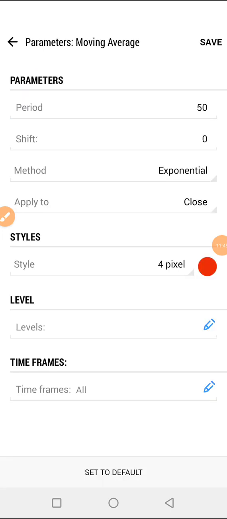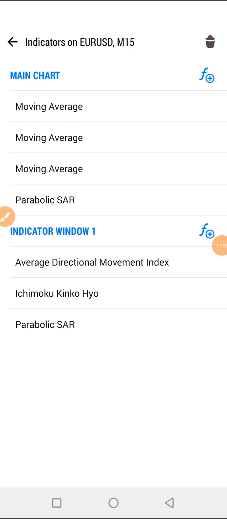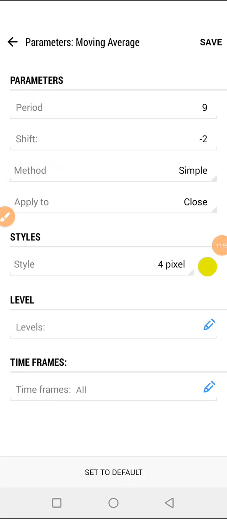The second one is period 50, exponential as well, apply to close, any color of your choice, then click save. Then the third one is period 9, shift -2, method simple, apply to close, style any color of your choice, then click save.